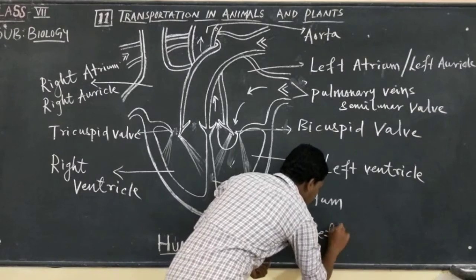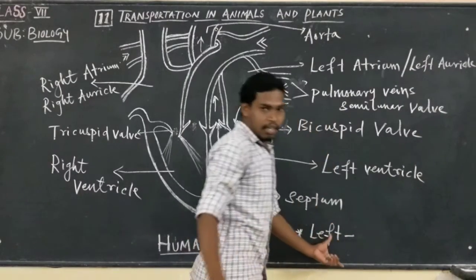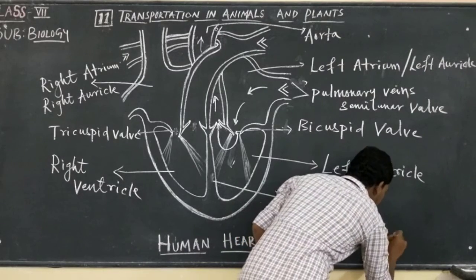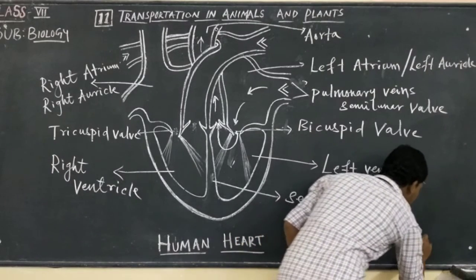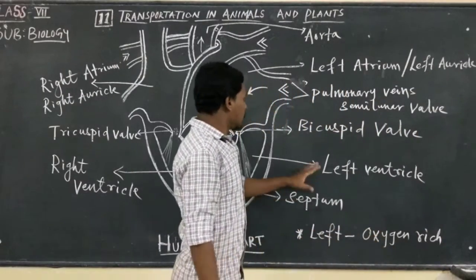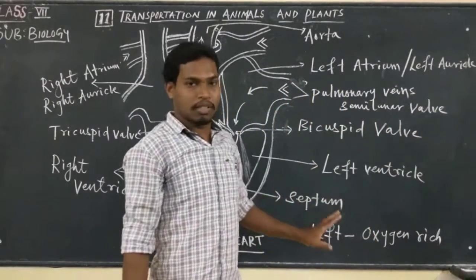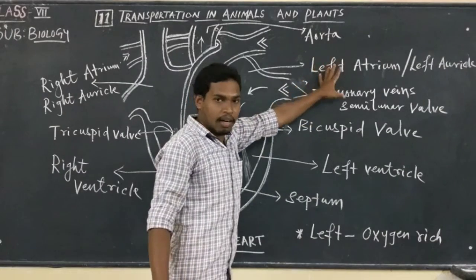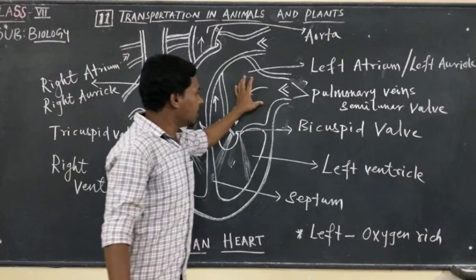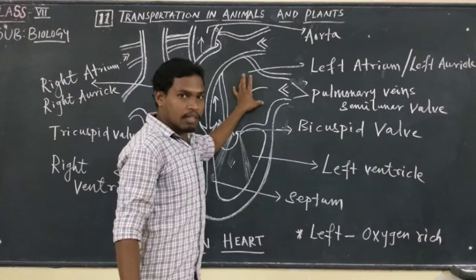Here you can easily understand, the left side of our heart has oxygen-rich blood, carried from the lungs by the pulmonary veins and drained into the left auricle.